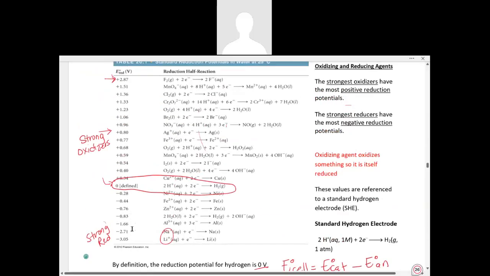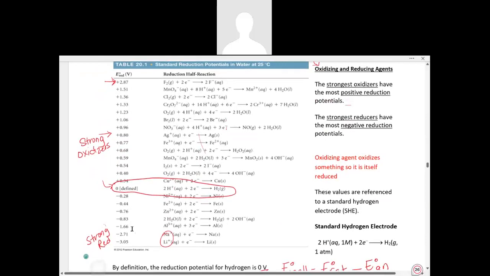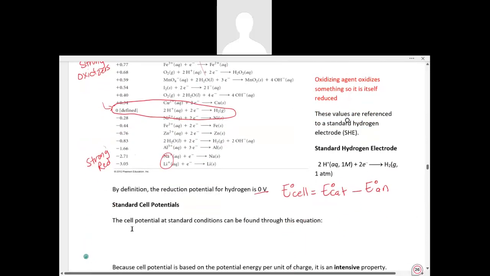So let's go up, let's see, zinc. There's zinc, it's negative 0.76. So we're going to use this value here, and then our 0 at our cathode. So at our anode, we would have minus negative 0.76, and here we would have 0.